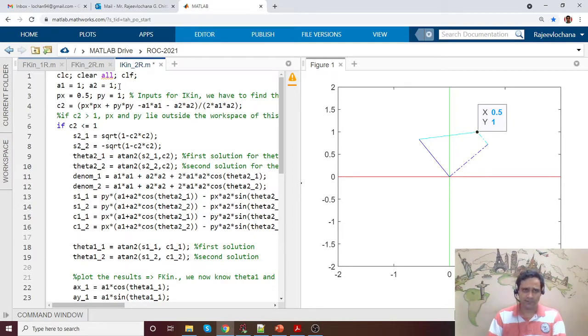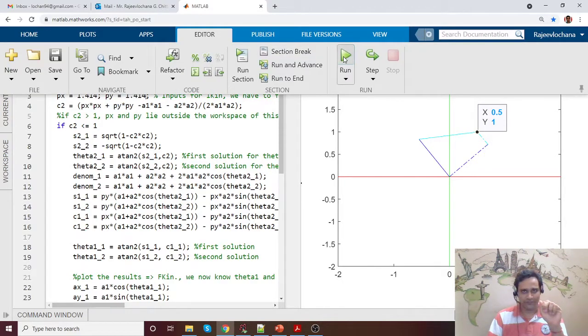This can happen, it's okay. We'll figure out why it is so. So we want a1, a2 to reach 1.414 and 1.414. So that means we want to draw a hypotenuse of a right angle triangle which has the same length as a1 and a2. So we'll come to know what kind of mistakes we have made.